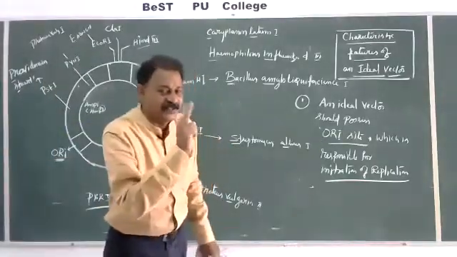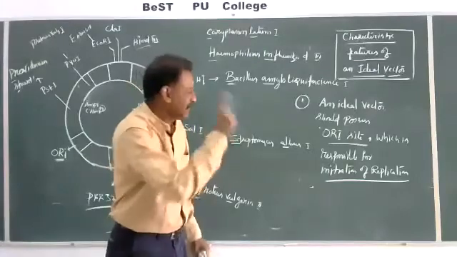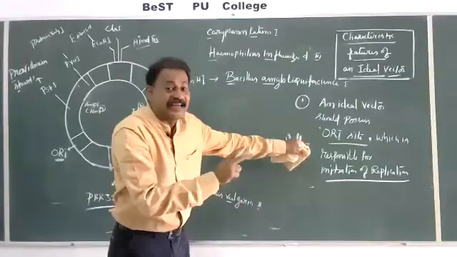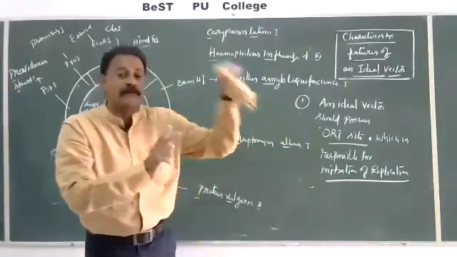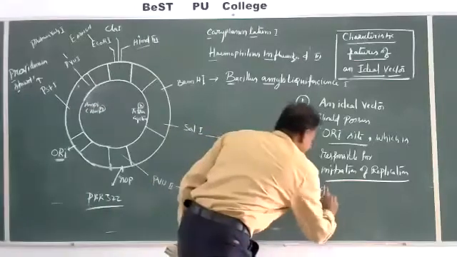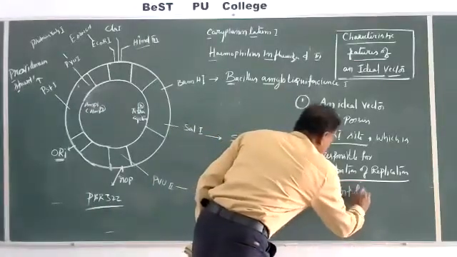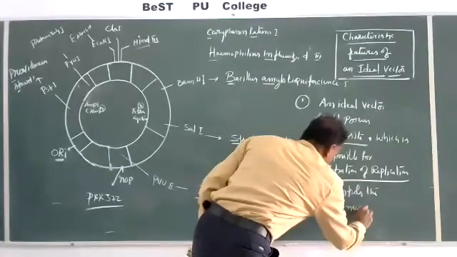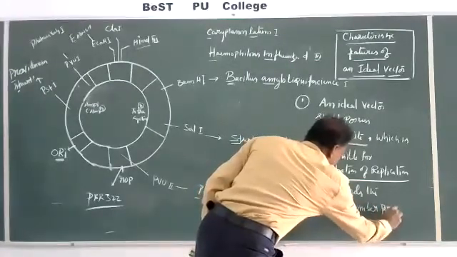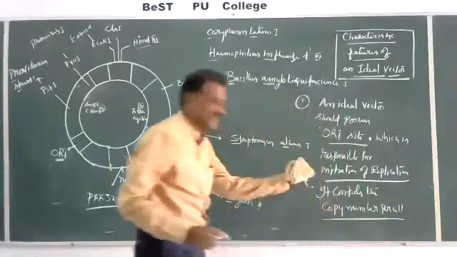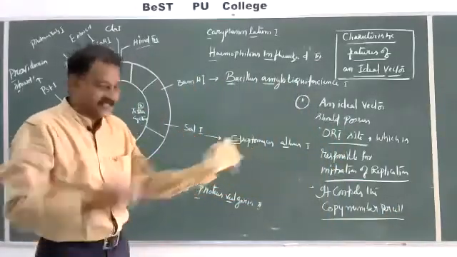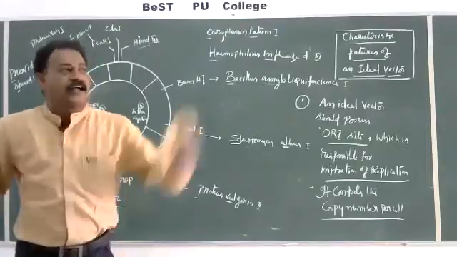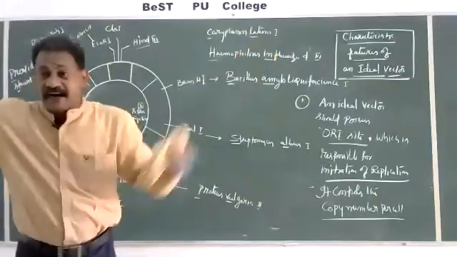So the RE site has two beneficial things. One is that it is compulsory for replication or multiplication. Second, the RE site controls the copy number per cell. One RE site gives 10, another 20, another vector 50, another 100, another more than 100.